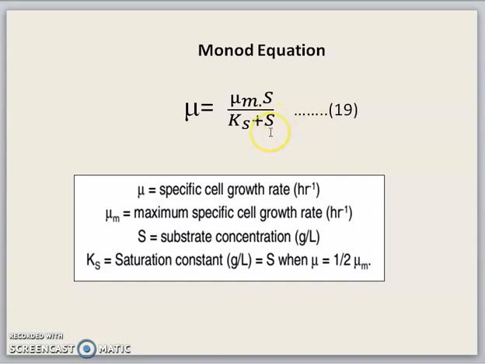Especially, you need to know how to get mu max, or mu m, the maximum specific cell growth rate, from the graph of x versus t or ln x versus t. And also how to get the Ks value from the graph of mu versus s.